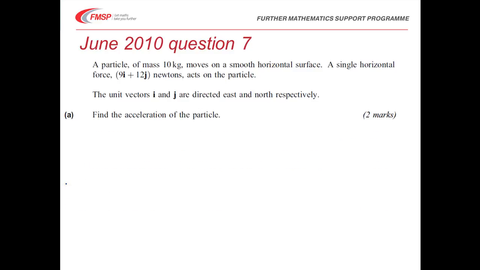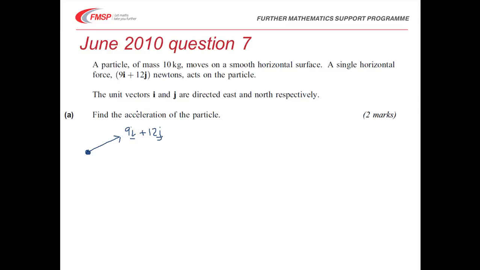So let's consider first of all what's happening here. We've got a particle. It's acted on by a horizontal force 9i plus 12j. So just be very careful about this. It's on a horizontal surface, and the force is moving it along that horizontal surface.